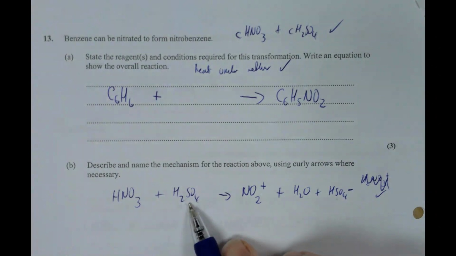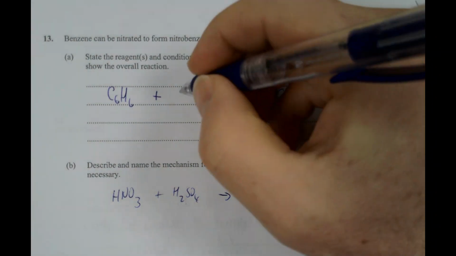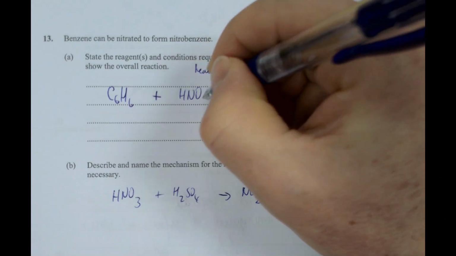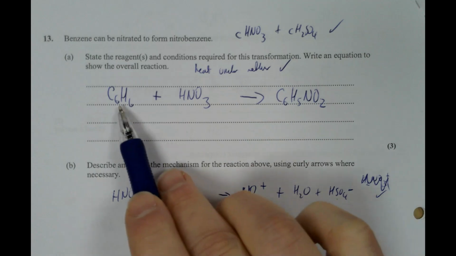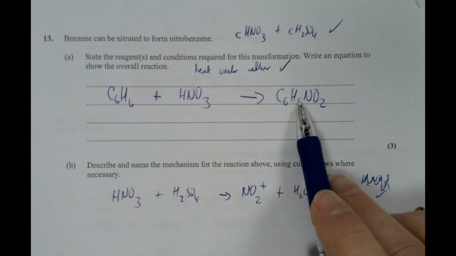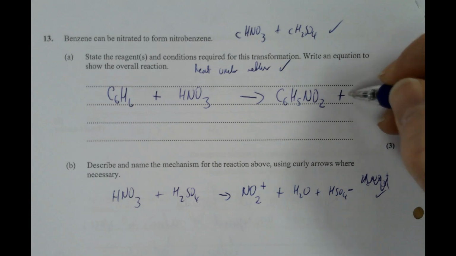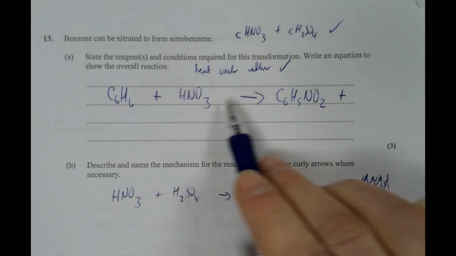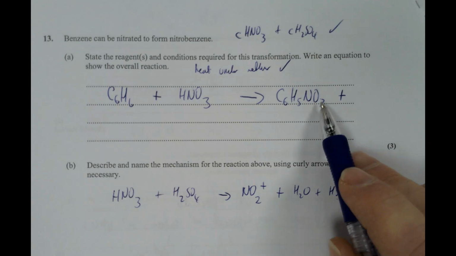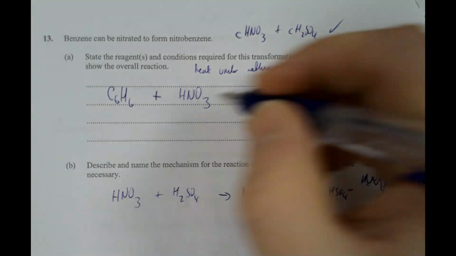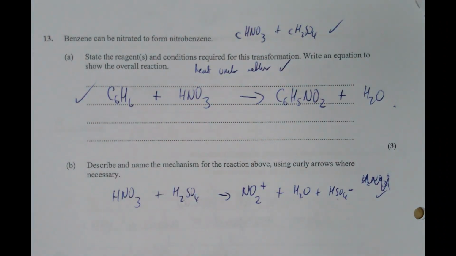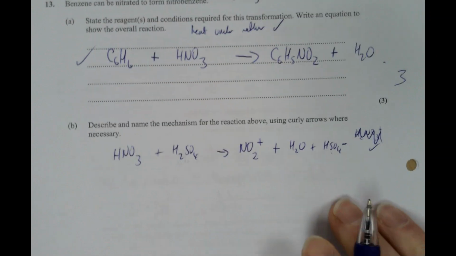So if H2SO4 is the catalyst, the reactant or the reagent must be HNO3, and if you work it through, 6 carbons, 7 hydrogens, well I've got 5 here, so there must be 2 more, 1 nitrogen, 3 oxygens, well there's 2 here, so there must be 1 more, so the overall reaction must be that, and they got the 3rd mark there.